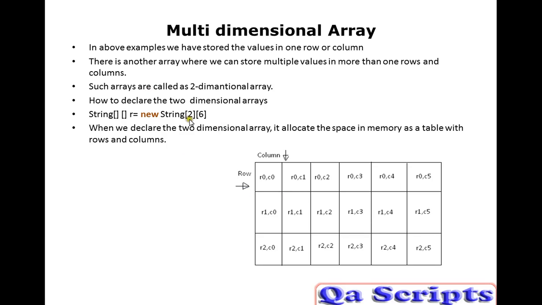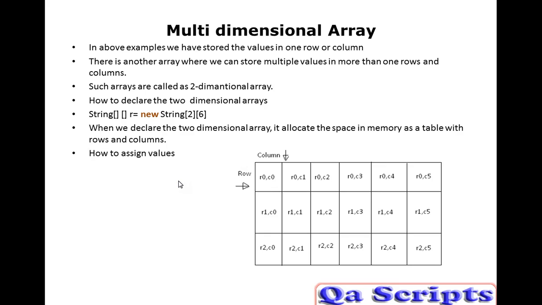Of course, I have made a mistake here. Instead of 2 I should have given 3. So this is how it creates: row 1 to row 3, and column 1, column 2, column 3, column 4, column 5, and column 6, having 0 as index.